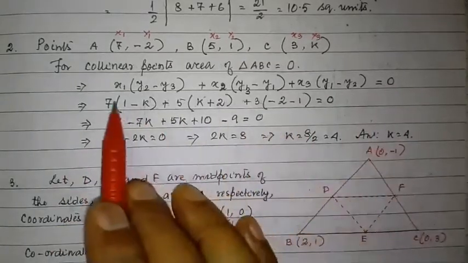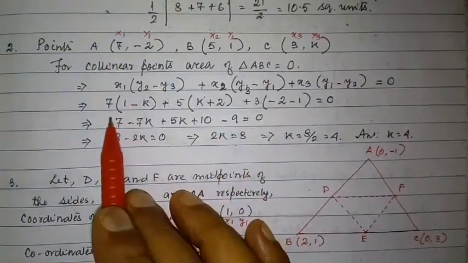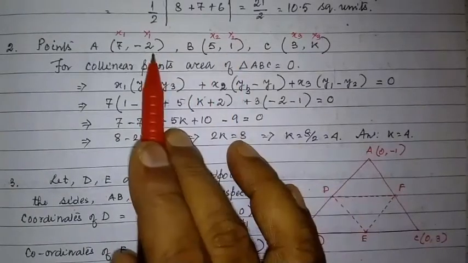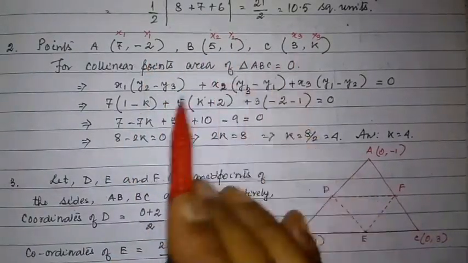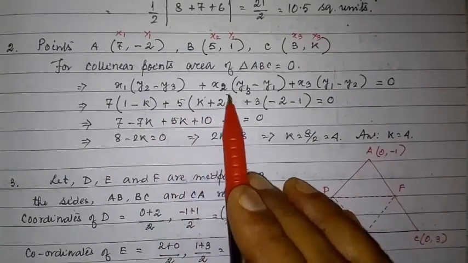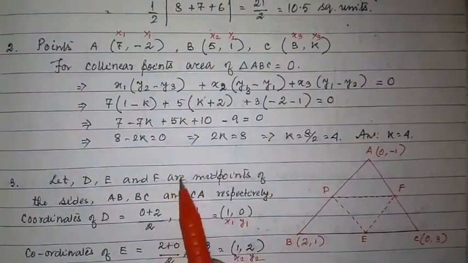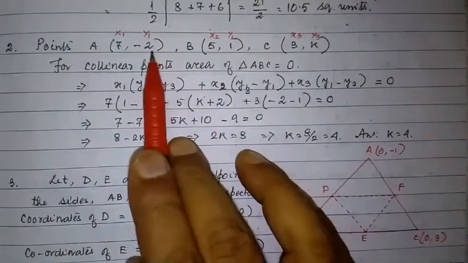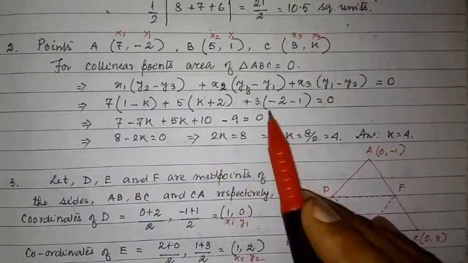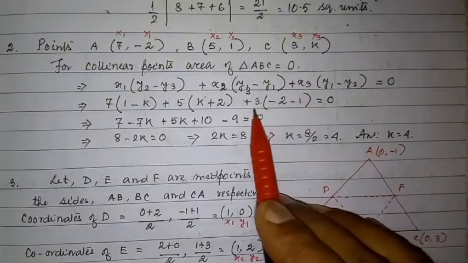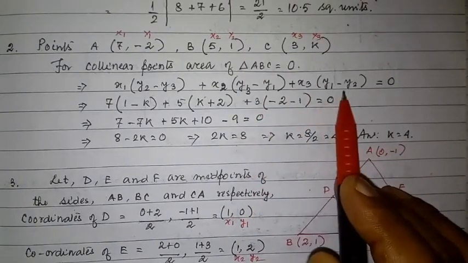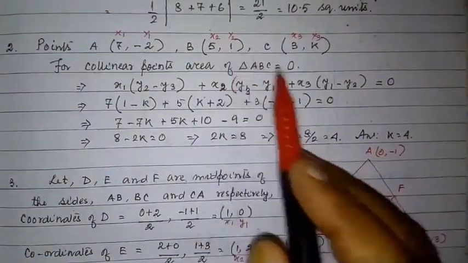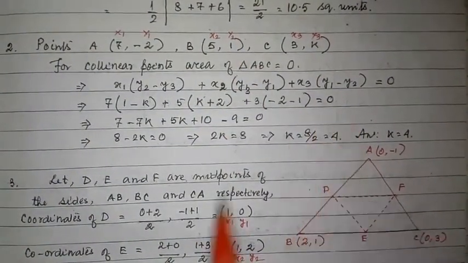Now let us put down the values. x1 means 7, then y2 - y3, that is 1 - k, plus x2 means 5, then y3 - y1, that is k - (-2), that is k + 2, then x3, that is 3, then y1 - y2, y1 means -2 minus y2 means 1, is equal to 0.